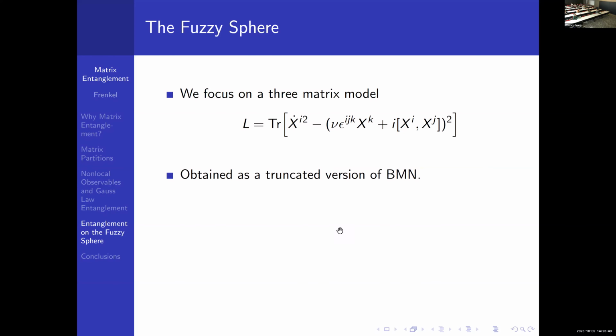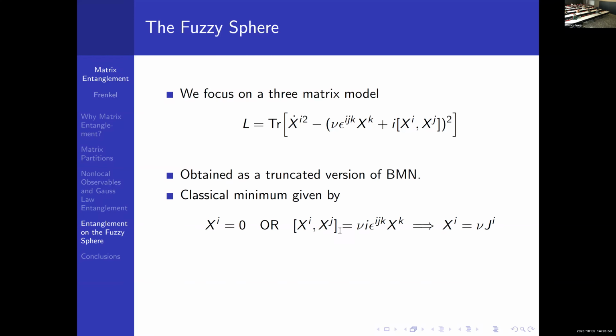And we're going to focus on this particular three matrix model, so i runs from 1 to 3, and this potential is a particular square that enforces the... sorry, there should be a plus. No, sorry, that's correct. Sorry, I checked myself. Right.